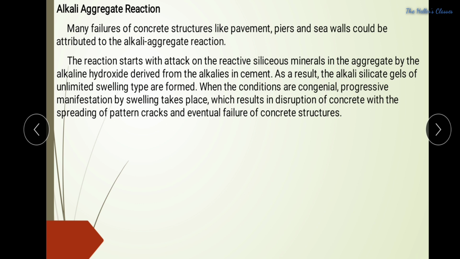If the aggregate reacts with the alkali materials existing in cement, definitely some reacted particles will form, and from that portion weak portions are formed, and because of that the strength of concrete will slowly reduce because of the alkali aggregate reaction.